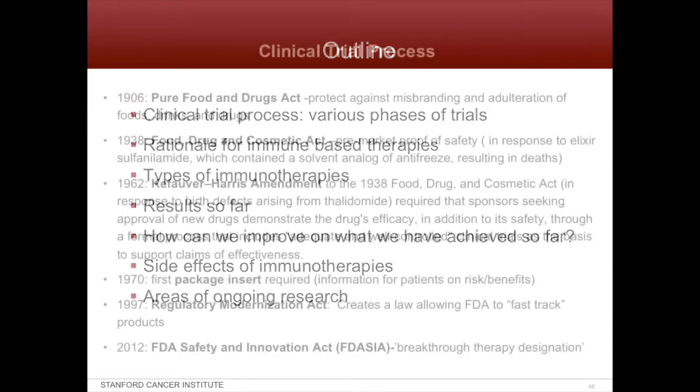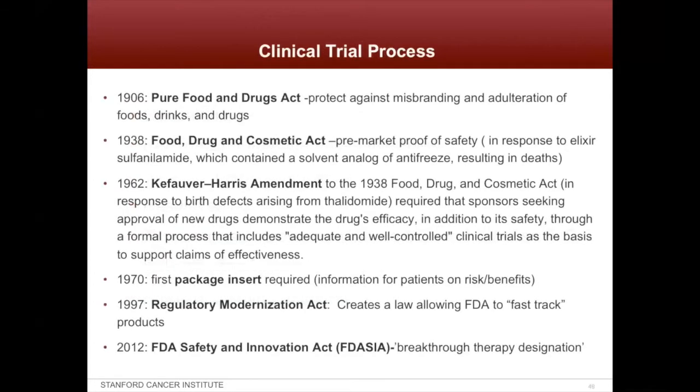So why do we do things the way we do them in the clinical trial process? In 1906 in the US was the first Pure Food and Drugs Act, which was to protect against misbranding and adulteration of food, drinks, and drugs. In 1938, there was an unfortunate incident where one of the elixirs had a solvent which contained antifreeze, which resulted in death of some of the patients.